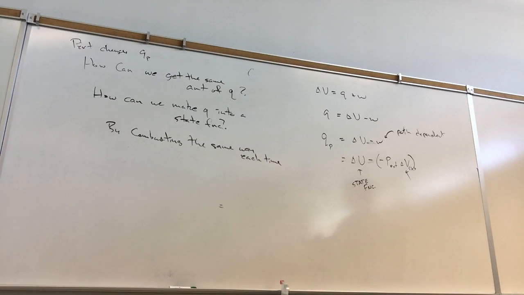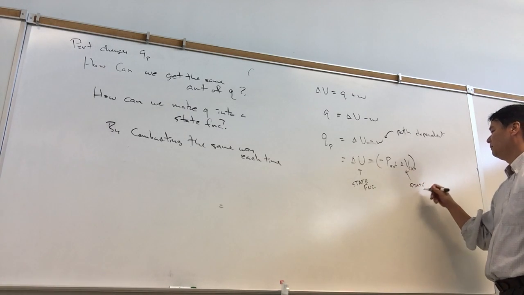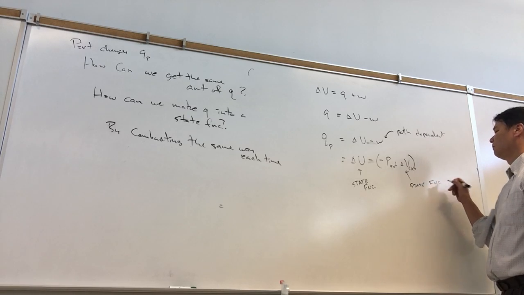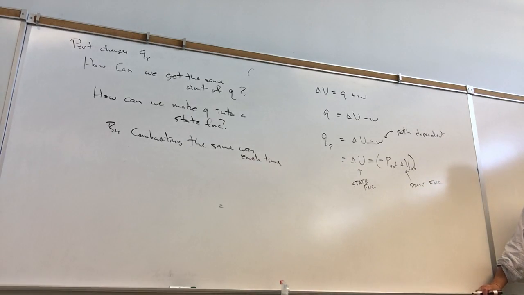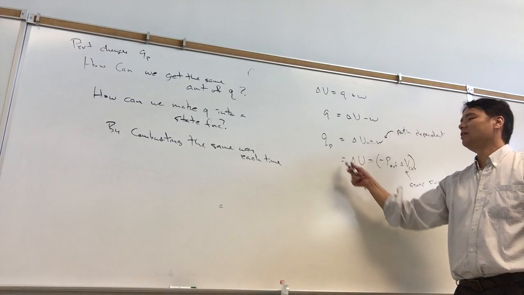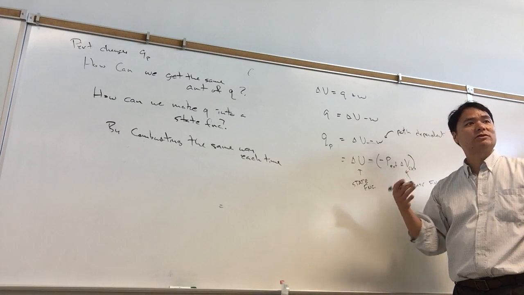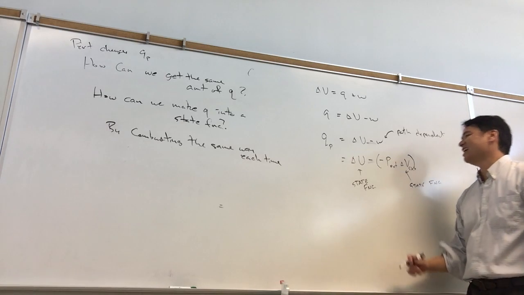Does that only depend on the final and the initial volume? Delta T is a state function. Well, the answer is delta V is a state function too, as is P. And so these are all state functions here, which means that now QP is a state function itself. Essentially, we're just burning it the same way each time.